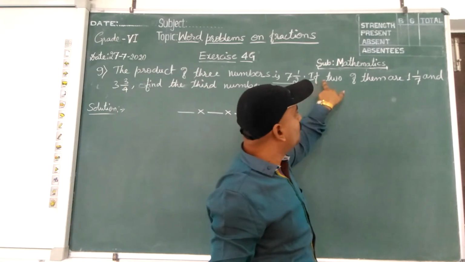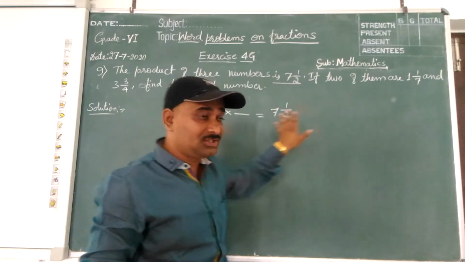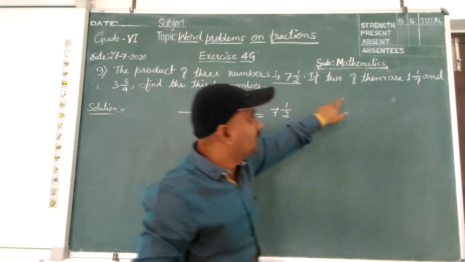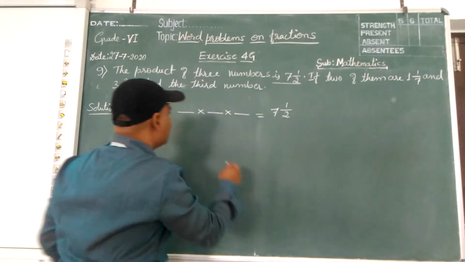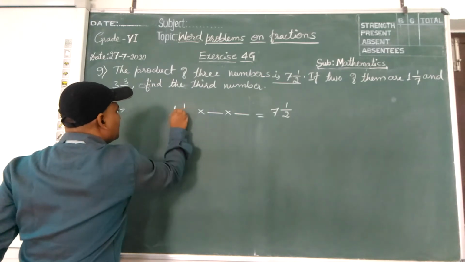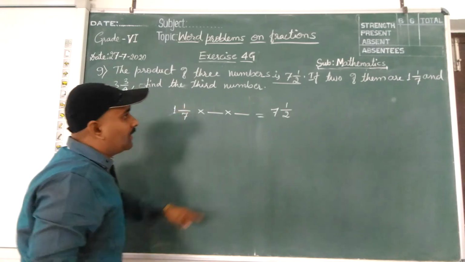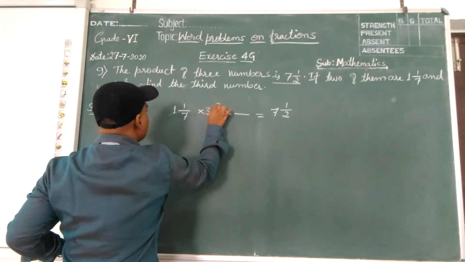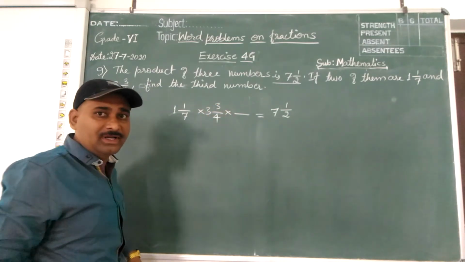If two of them are given. How much? One is to 1 by 7. Okay, first one is given. And second one is also given. That is how much? 3 is to 3 by 4. Very good.